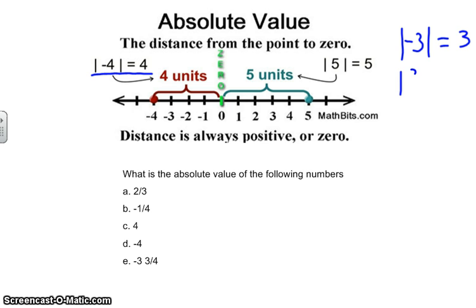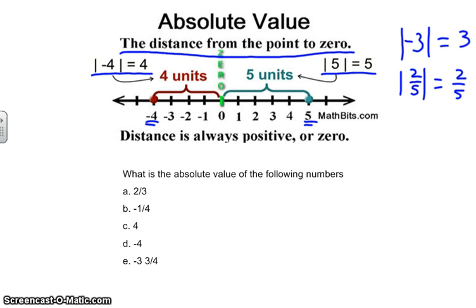The absolute value of 2/5 is still 2/5, because as we keep saying, it's the distance from the point to 0 that we're dealing with in absolute value. So if we look over here, the absolute value of -4 equals 4, well, we check out the 4, and we see that is 4 units from 0. Over on this side, I have the absolute value of 5 equals 5. So I find the number 5, and I see that that is 5 units from 0.